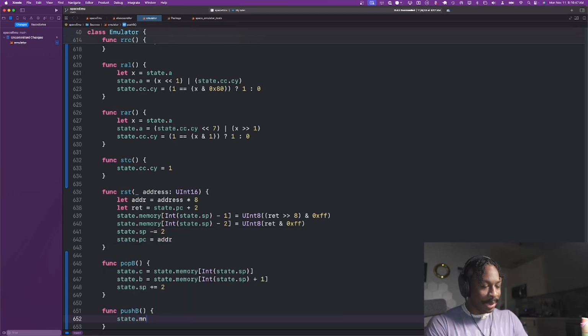Okay, so anyway, for push, it's just gonna be the opposite. So we're gonna take the state's stack pointer. Oops, I need a space there.